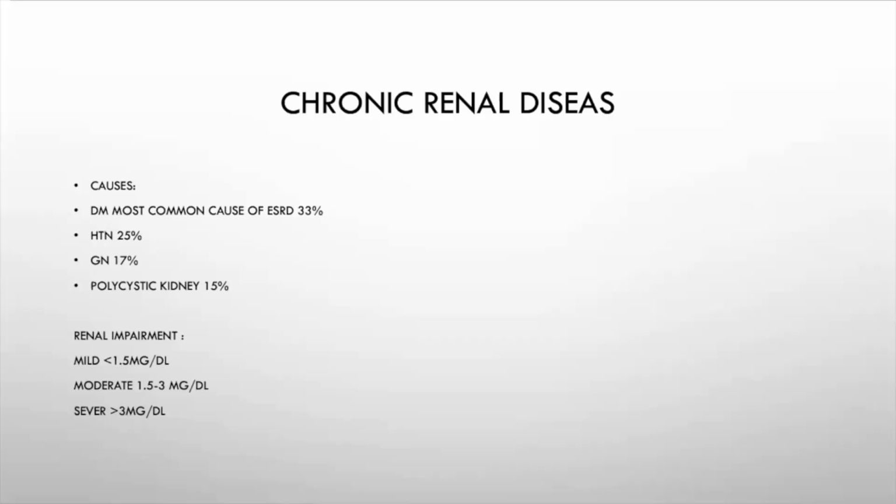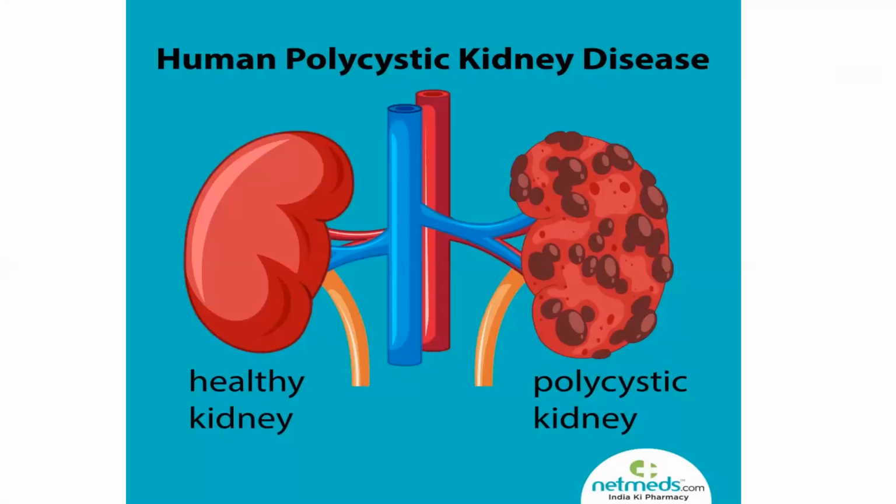I still remember during your offline class in your classroom, there was a diagram of the kidney. There was the normal kidney, and then how a cyst occurs. I already explained this.